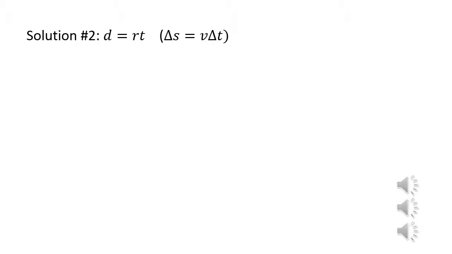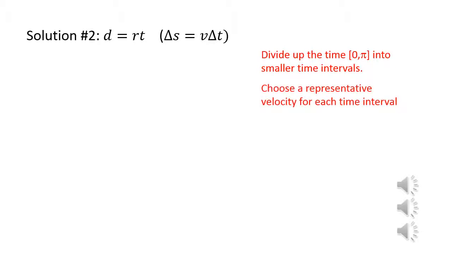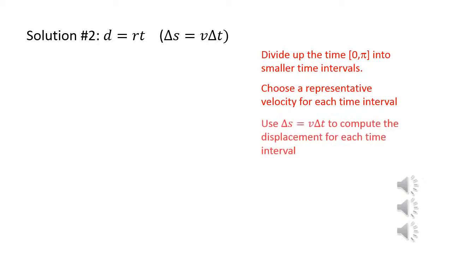But we can do this. We can divide up the time interval 0 to pi into smaller time intervals. And for each one of those time intervals, we can choose a representative velocity. Then we can use distance equals rate times time to compute the displacement for each time interval, and then add up to get the total displacement.